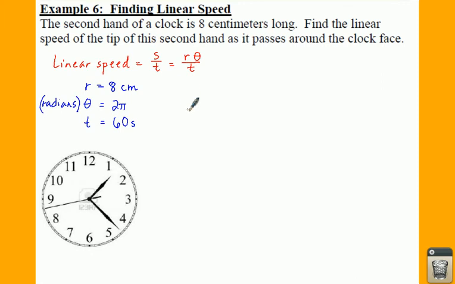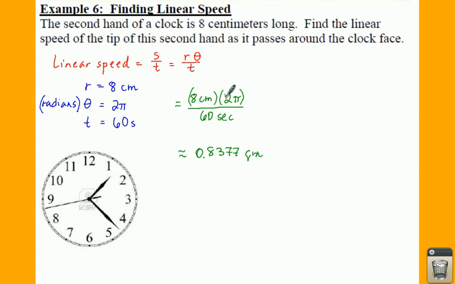If we plug these values into our equation, we take our 8 centimeters times our 2 pi radians and divide that by 60 seconds, which, if you plug it into your calculator, ends up being about 0.8377.